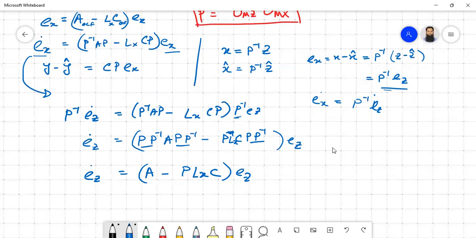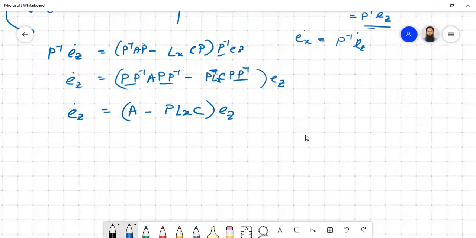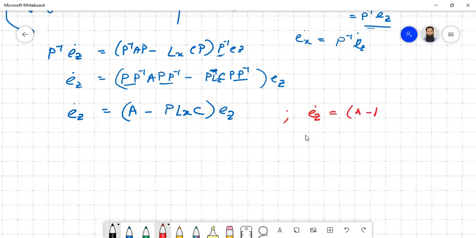Now what we can relate here, previously, and what we know is that the relationship has to be something like this: EZ dot has to be A minus LZ C EZ.